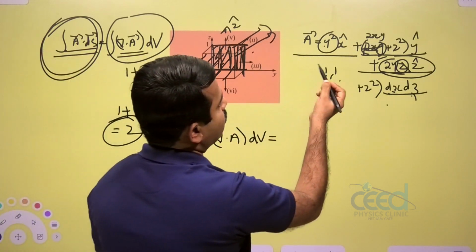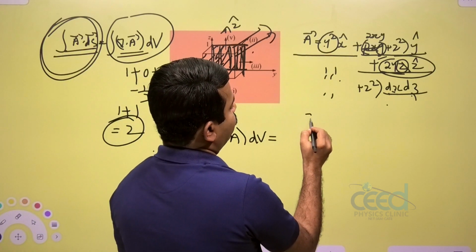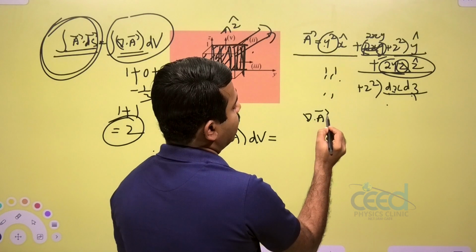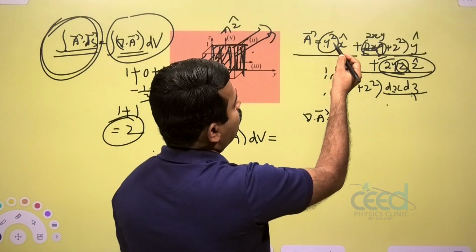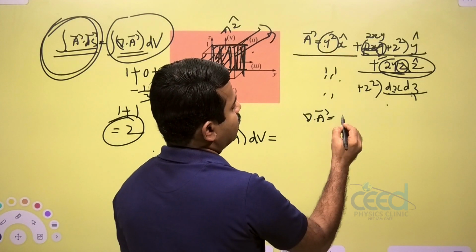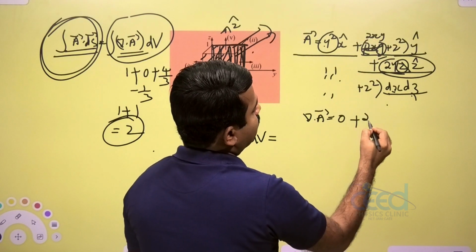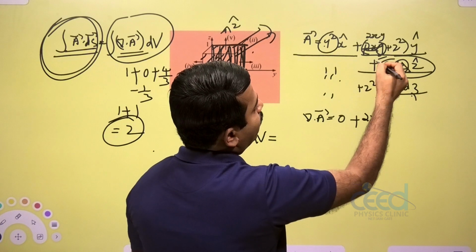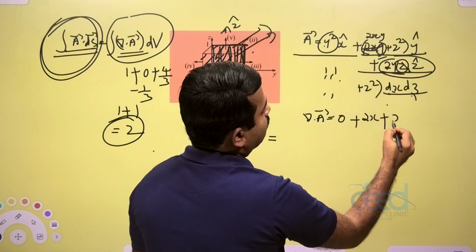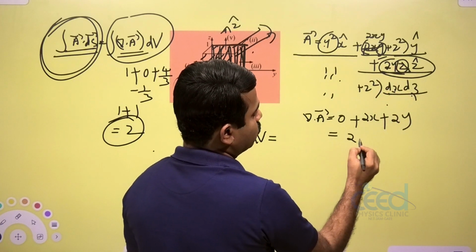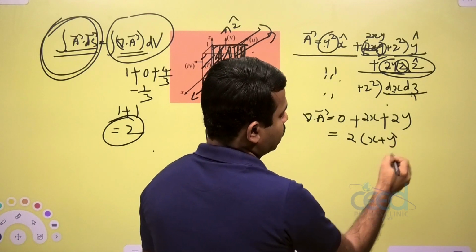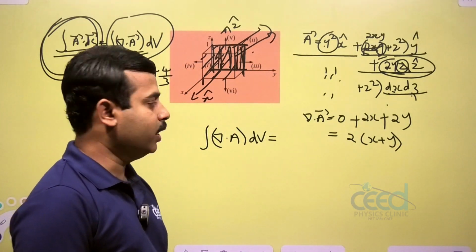Divergence of A is dou by dou x of y square, that is 0, dou by dou y of 2xy, that is 2x, and dou by dou z of 2yz, that is 2y. Then the divergence of A is 2x plus y, 2 times x plus y.